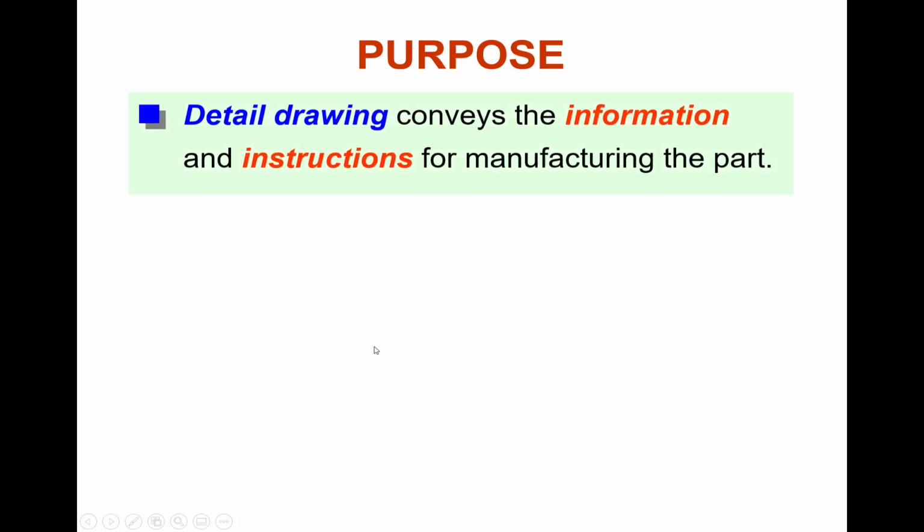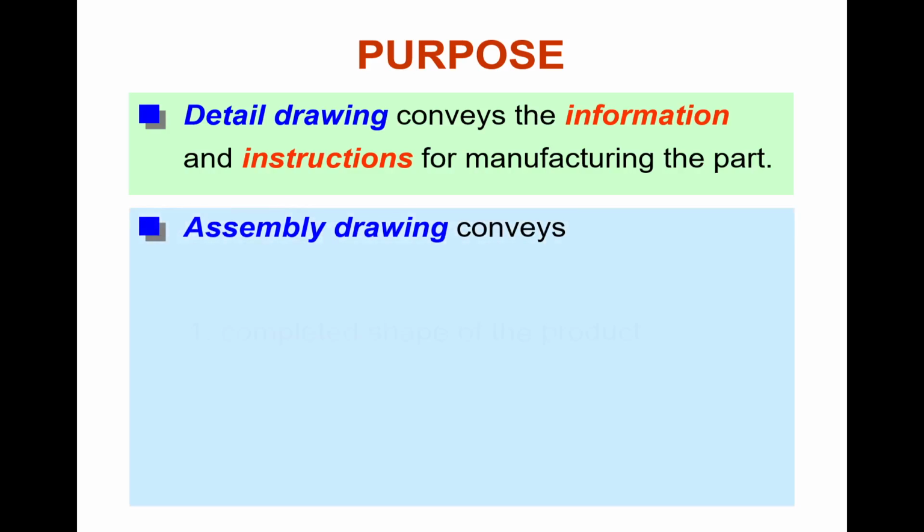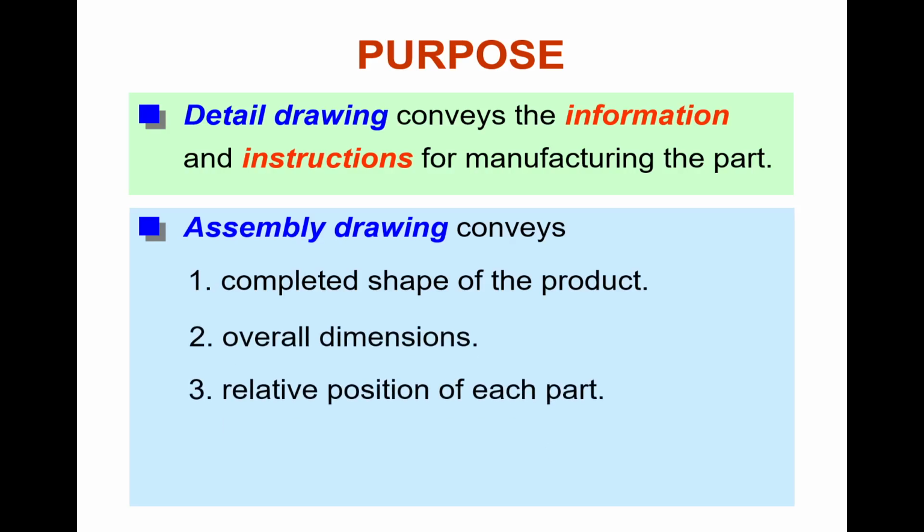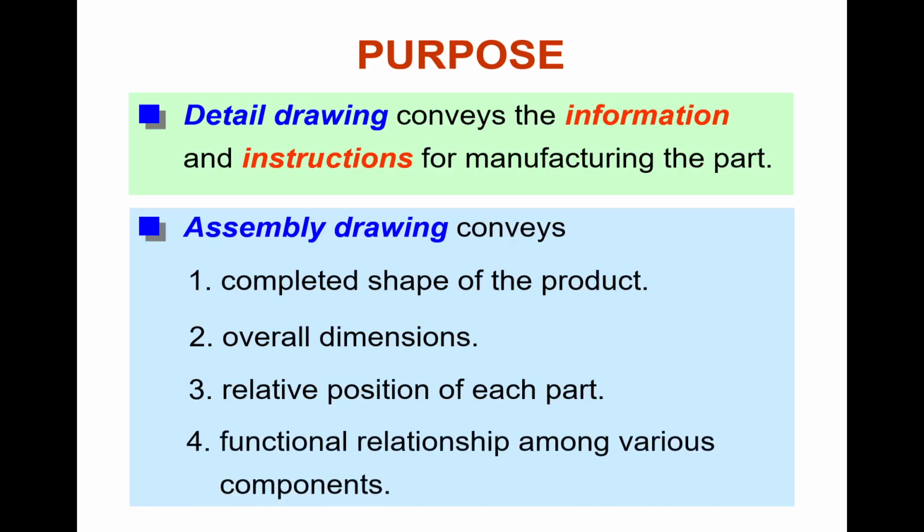The purpose of detailed drawing ni dia akan convey the information and instructions for manufacturing the part, while the assembly drawing conveys the completed shape of the product, the overall dimensions, relative position of each part, and also the functional relationship among various components. So let's look more on the detailed drawing.